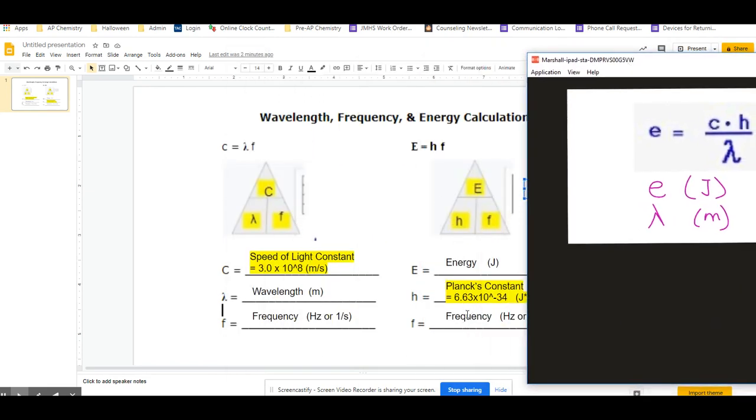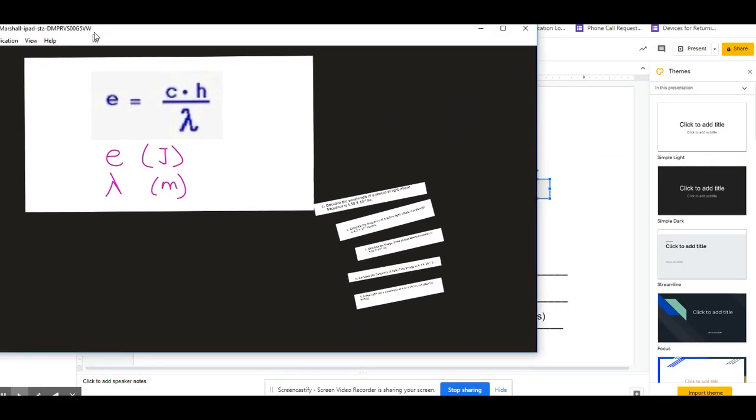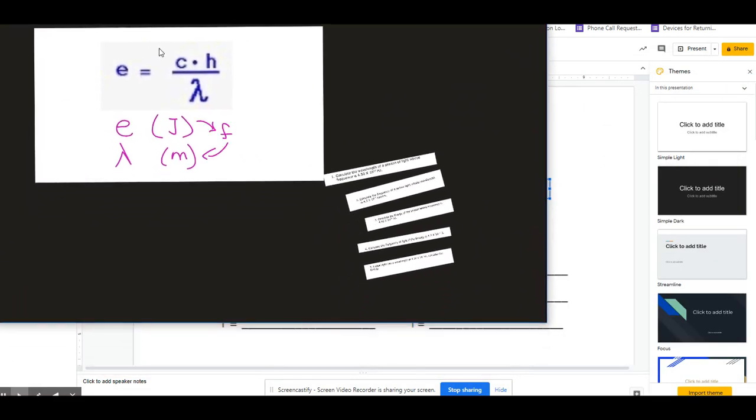They both are related by frequency. So because of that, we can now rely on this other formula that uses that idea of going through frequency, and you have energy is equal to speed of light times Planck's constant, all divided by wavelength. So we might have a problem that is going to involve that one.